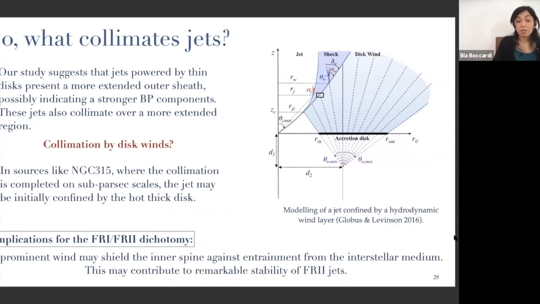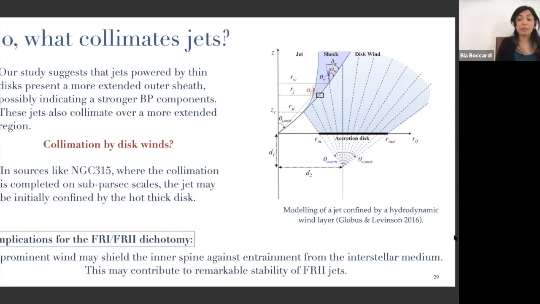For these sources, when we talk about ambient medium, we are probably referring to powerful disk winds which are launched by the outer regions of the accretion disk. So if the jet is collimated by the ambient medium, then probably it is disk winds that play the main role for the collimation of the central part of the jet in powerful sources.